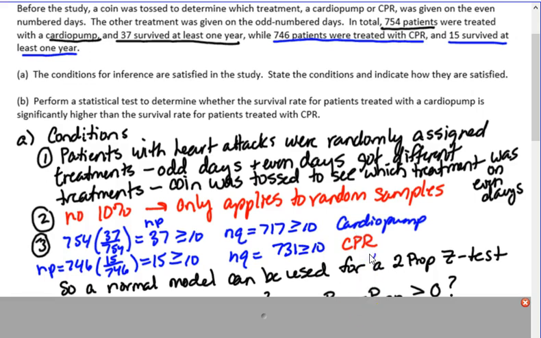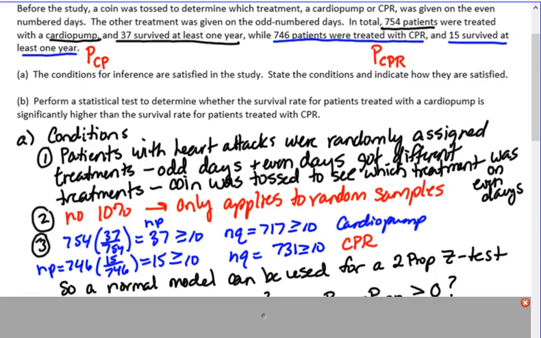Now, you could also use a subscript, and that's what we're going to do from now on, actually, with the rest of the test. So the CPR, I'm going to say the proportion here is P sub CPR, and for the cardiopump I'm going to call that PCP. Now that's not really great.